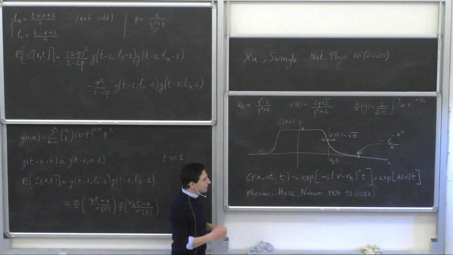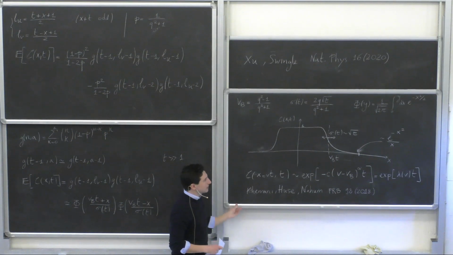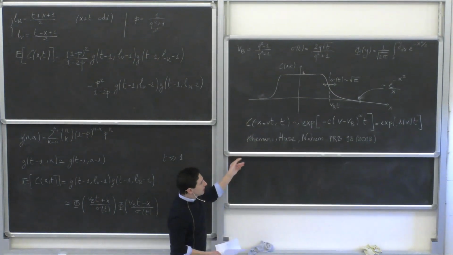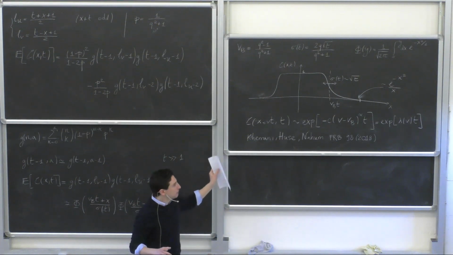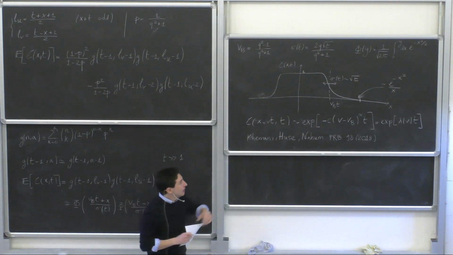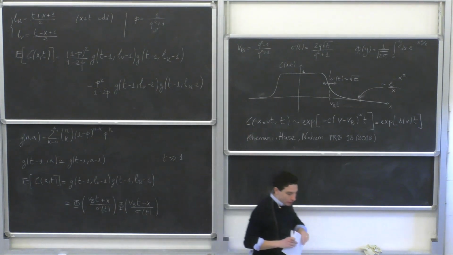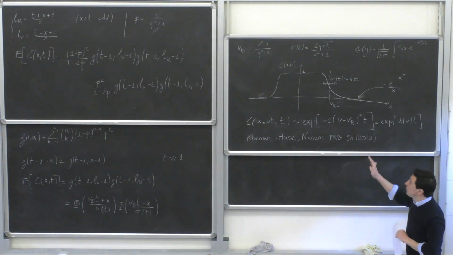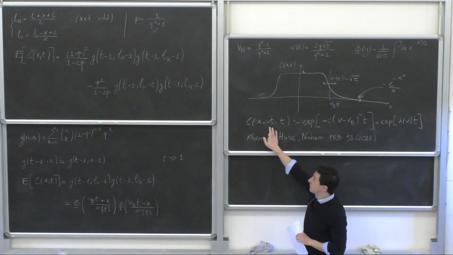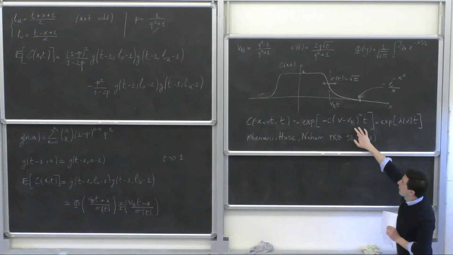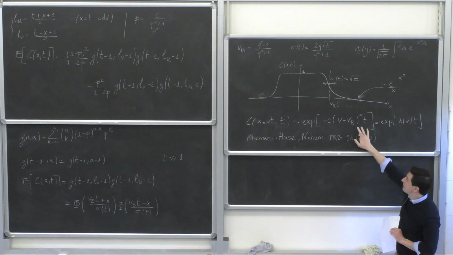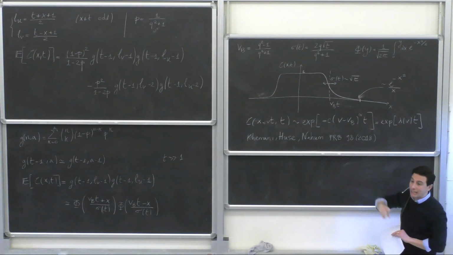But then I was saying that it is conjectured, and you can see a discussion about this in these two references, that for arbitrary systems, let's take for simplicity one-dimensional systems, if you now compute this function C_x(t) and look at it at this position, taking v slightly larger than the butterfly velocity, you will always end up with an expression of this form, where the free parameter would be alpha.